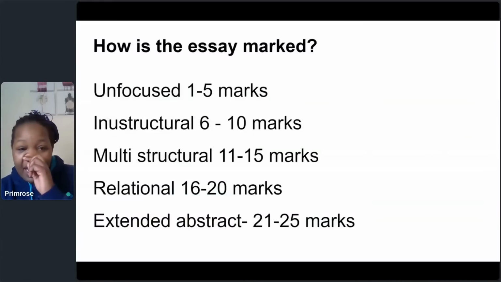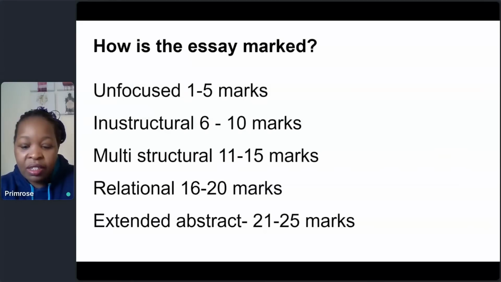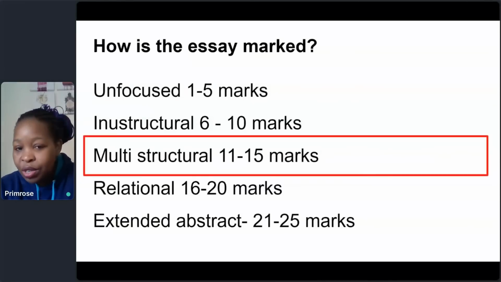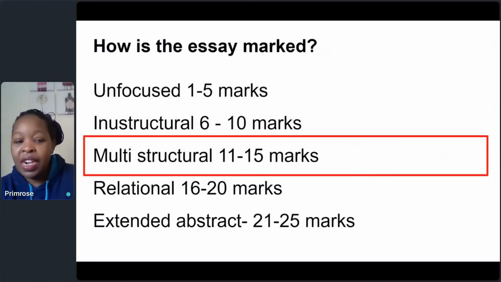So, because you're aiming for an A star, aim for an essay that is in the relational band. There's several bands. Basically, what examiners do is they read through your whole essay, and before they even start marking it, they put it into a band. Most students in the country get the multi-structural one, but students who get an A star get the relational or extended abstract.